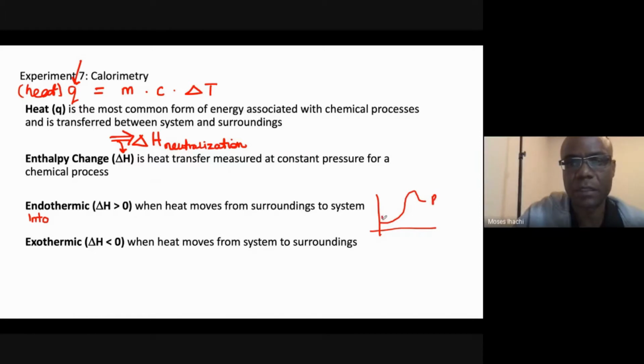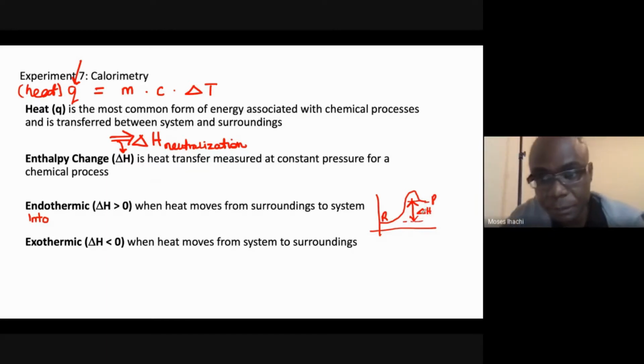Those are your products, this is your reactants. The difference between the products and the reactants should be the change in heat energy. Obviously the products have higher energy than the reactants. The reactants must have gained some heat energy to get high energy for the products. So that's endothermic, and you can see there's a positive change here in the heat of reaction. So this reaction is endothermic.